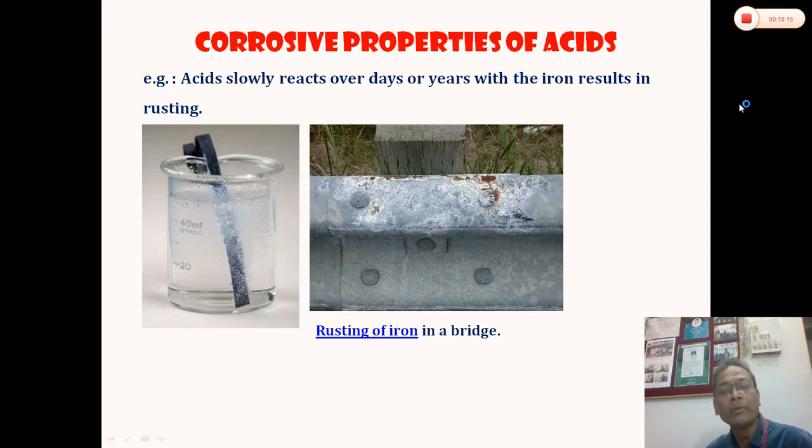Iron is a strong metal, but acids are responsible for destroying iron through rusting or corrosion of iron, because acid slowly reacts with the iron and converts it into ferrous chloride, and then when it comes in contact with oxygen it converts into ferric chloride, which is water soluble, and therefore the rusting will start on the iron.